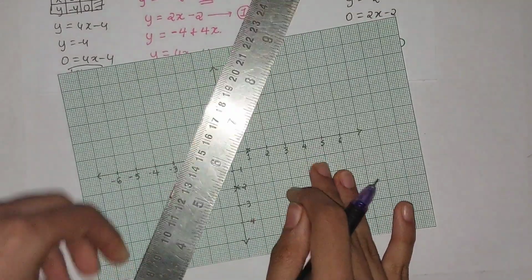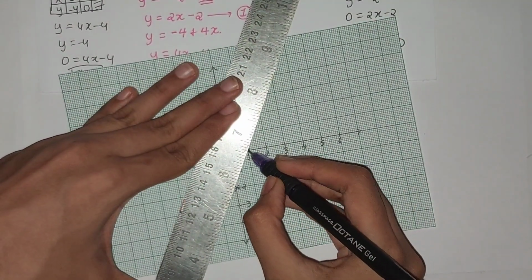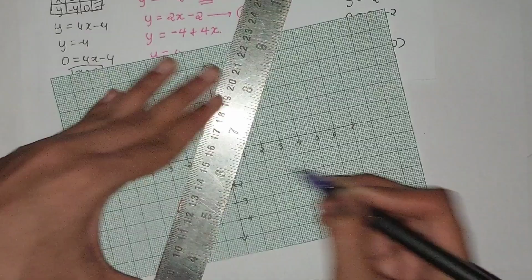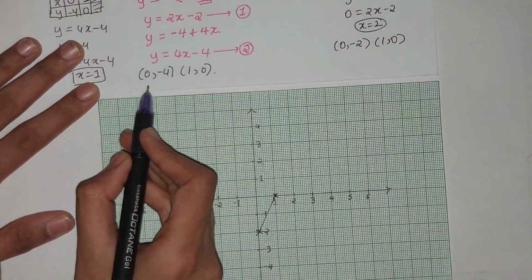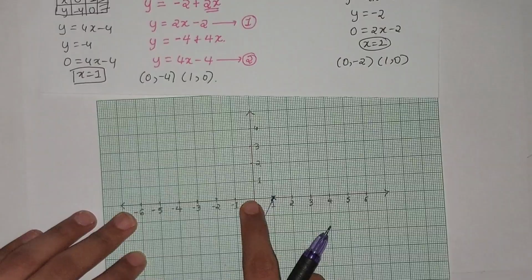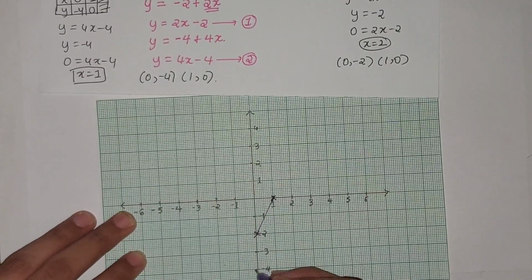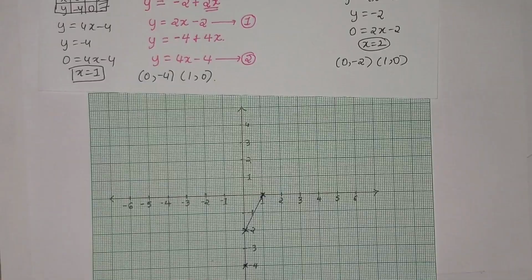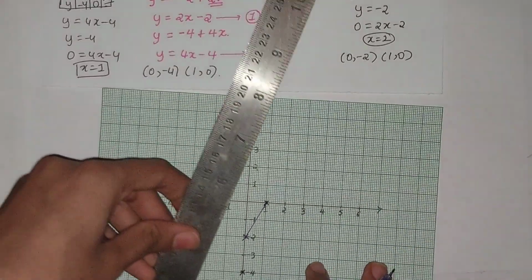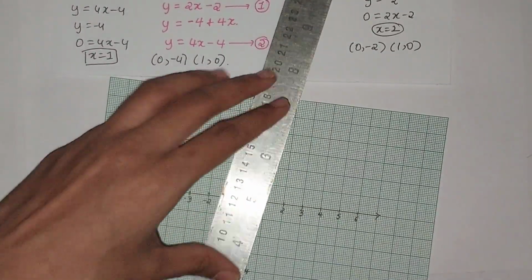Next coordinate is 0 comma minus 4, and next coordinate is 1 comma 0, which we have already plotted. Now you have to just draw the line.